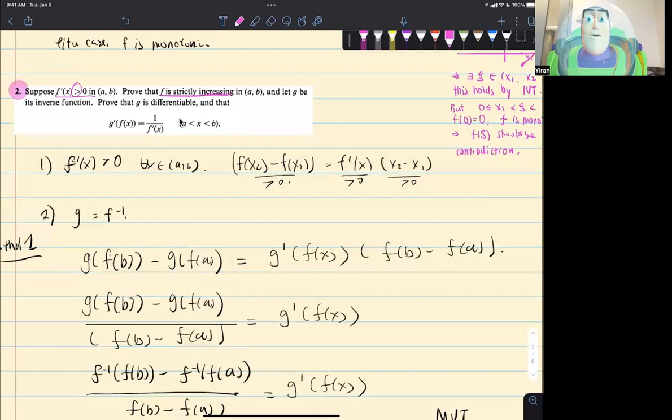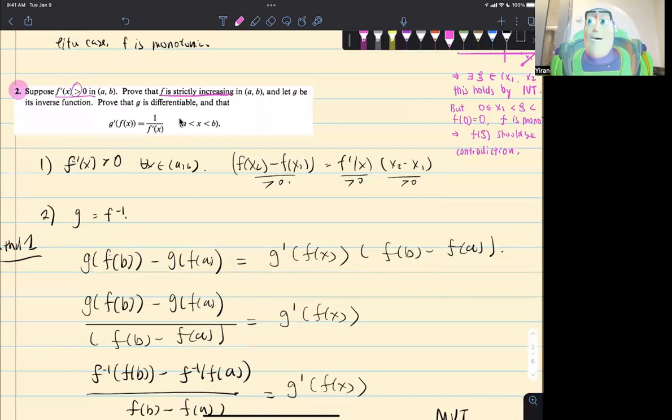Because we have information about f prime and we want to show the monotonicity of function f, which involves the difference of x versus the difference of f(x), right? That's all the elements covered in the mean value theorem.